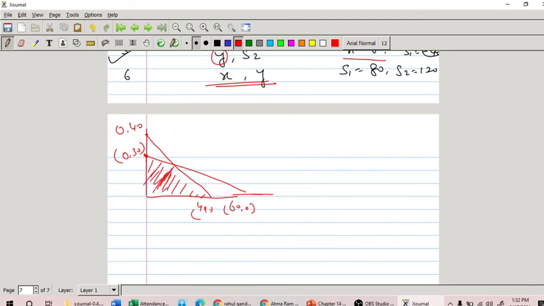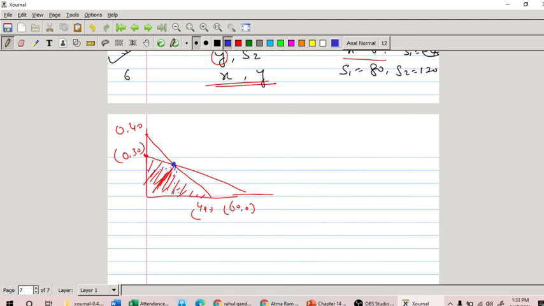Since all these are less than or equal to equations, this point will also give you another coordinate. You can get these by solving equations or by plotting on a graph. For me, it is going to be 20, 40.